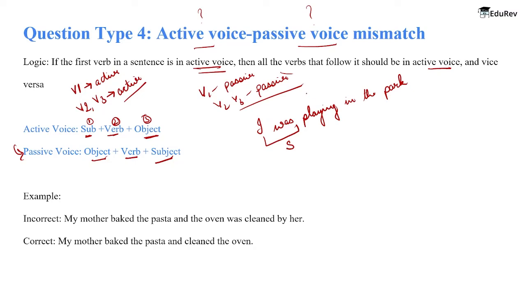We know that when we have to identify a subject, we ask the question who or what. So who was playing in the park? I was playing. So I is the subject. Was playing is the verb. And in the park, what was I doing? I was playing in the park is the object.